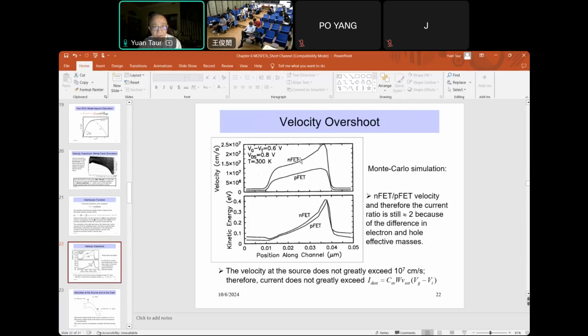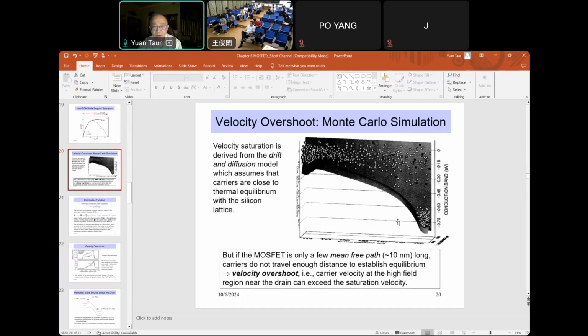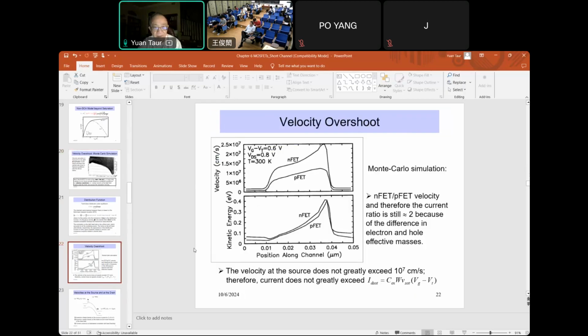And okay, so in that case, how do we predict the current when the drift diffusion model doesn't apply anymore? One of the clues here is that you can see that even though at the drain it can go to very high velocity, at the source it's only a little bit higher than 10 to the 7.